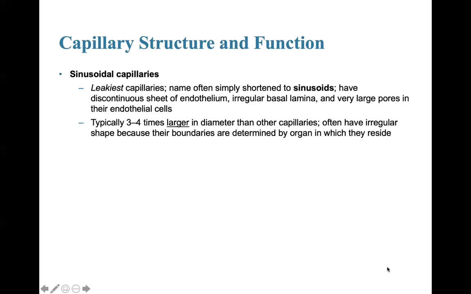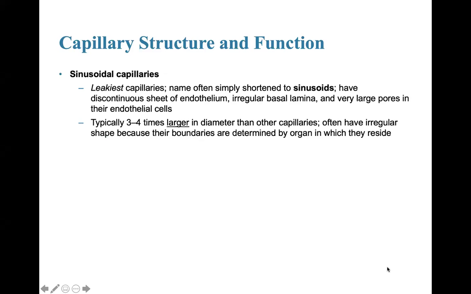The sinusoidal capillaries are the leakiest capillaries, the name often simply shortened to sinusoids, and they have a discontinuous sheet of endothelium, irregular basal lamina, and very large pores in their endothelial cells.